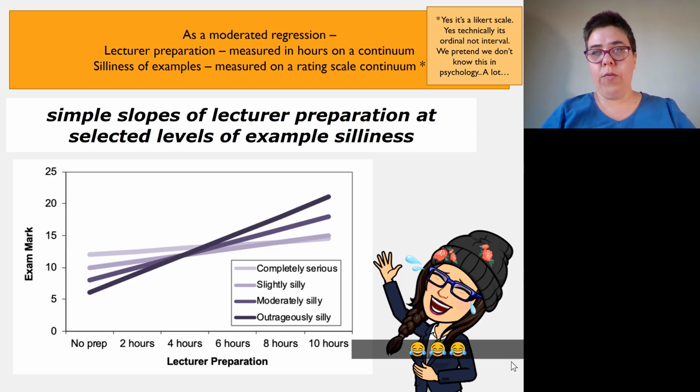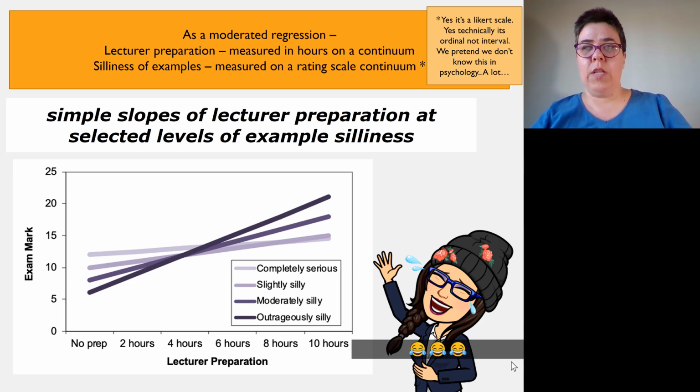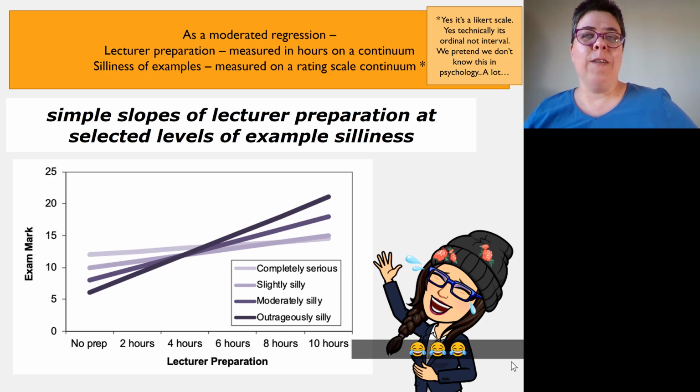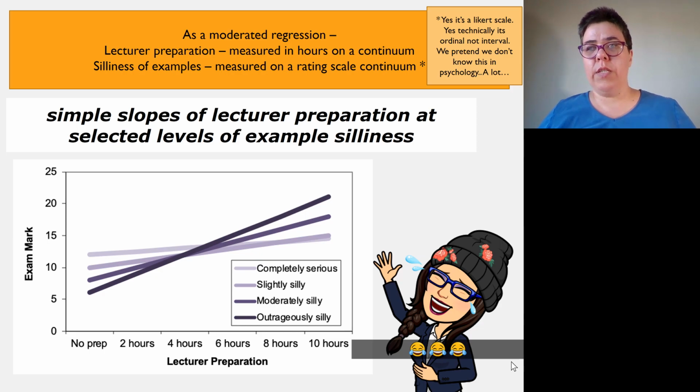So here we've got completely serious, slightly silly and moderately silly. That is an ordinal scale, and it may be that the difference between slightly and moderately silly is smaller than the difference between slightly silly and completely serious.